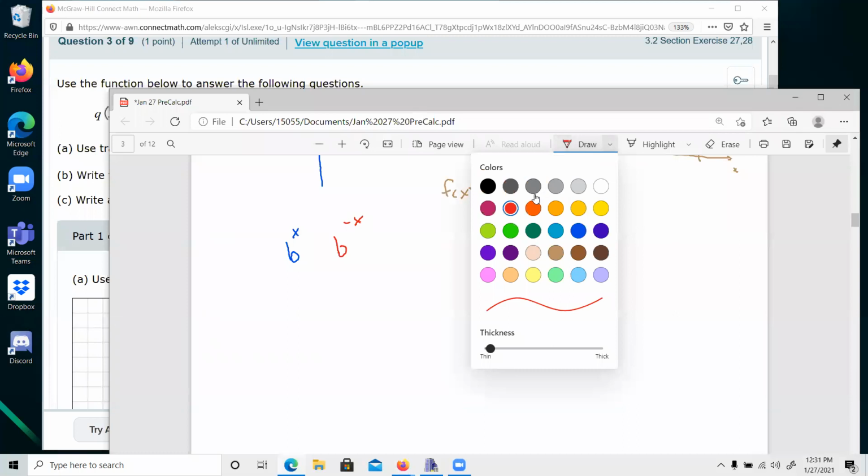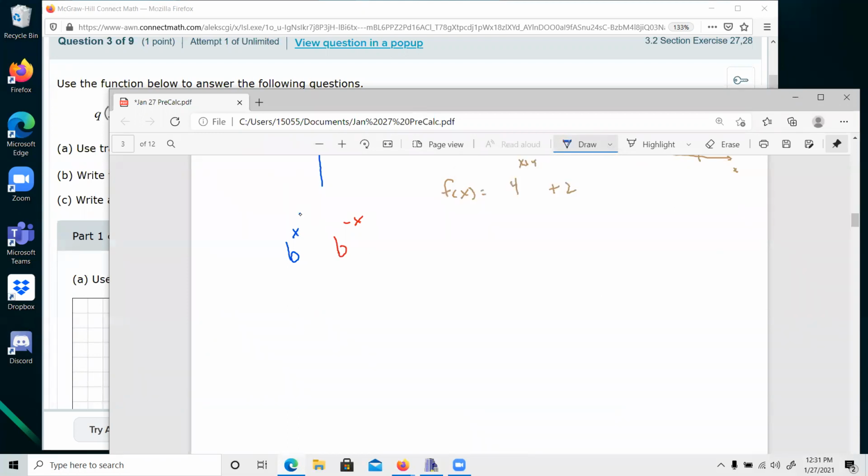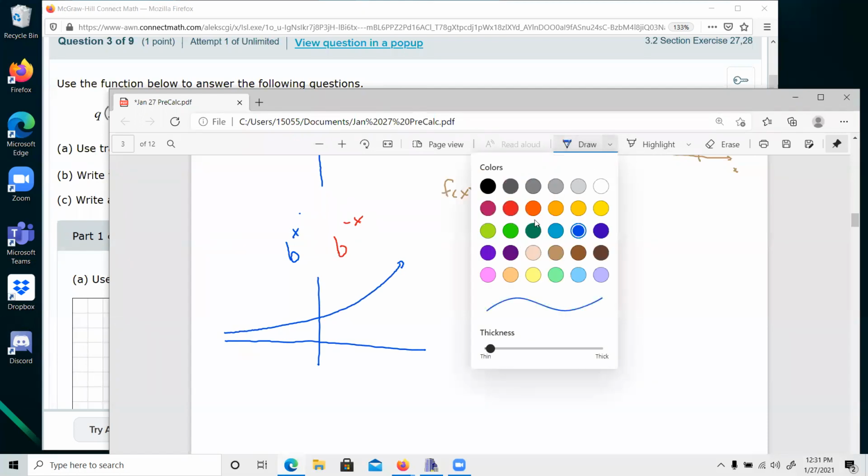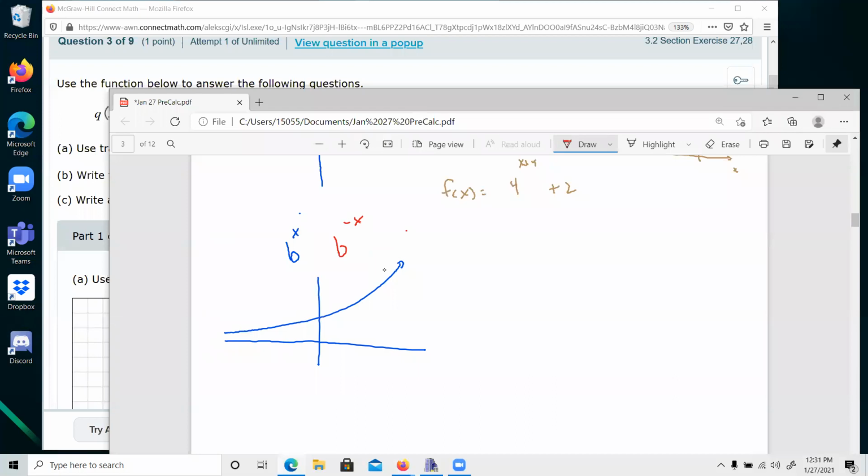Well, b to the x, assuming x is a positive thing here, actually it doesn't have to be. b to the x looks something like this. And the negative one is just a reflection about the y-axis. So we're going to be getting something like this. I'm trying to reflect it so it looks like a mirror image. So hopefully it does, at least a little bit.